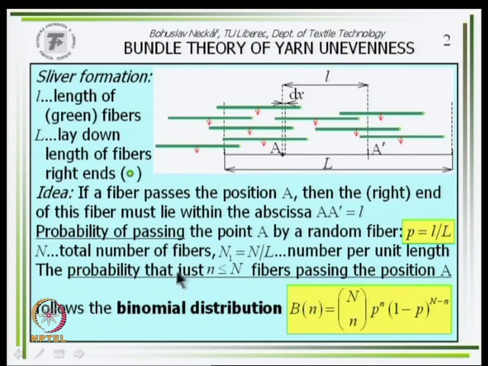What is the probability that just small n fibers, which is smaller than the number of all fibers, capital N, pass the position A? It means small n fibers pass the position A and capital N minus small n fibers don't pass.